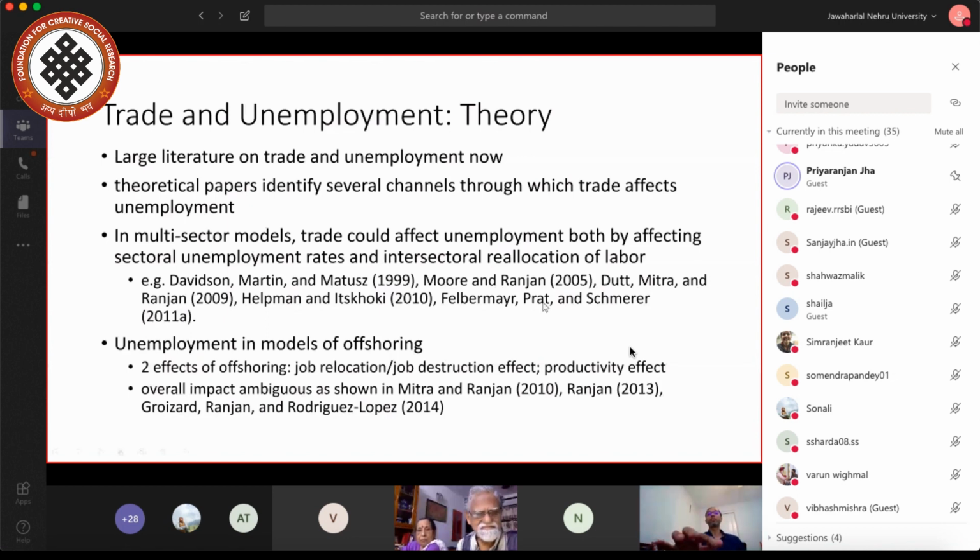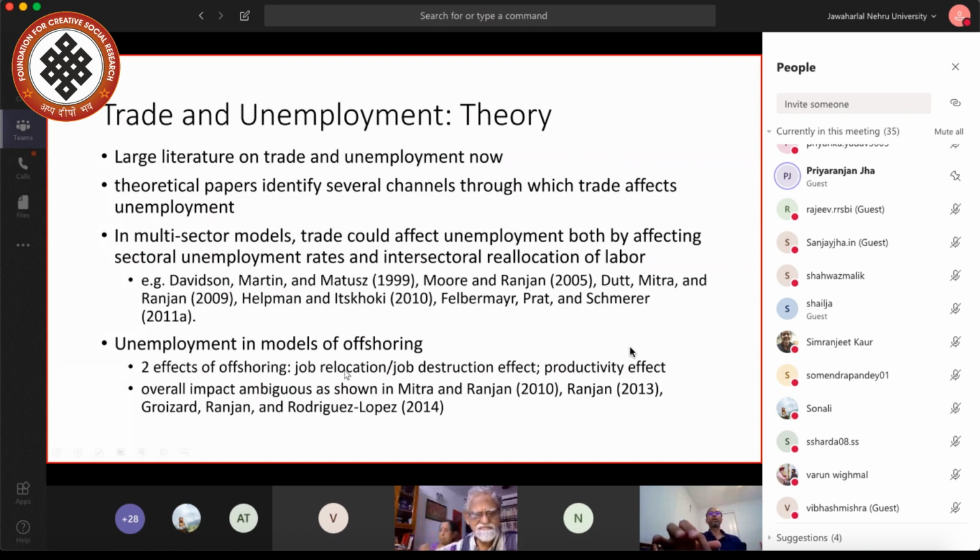And there are several models which show that. And then there are models of offshoring, that is, what happens if a country offshores more. Usually if you offshore, so if you were producing steering wheels within your plant in Detroit earlier, and now you start producing steering wheels in a plant in Mexico, you're sending all those jobs abroad basically.